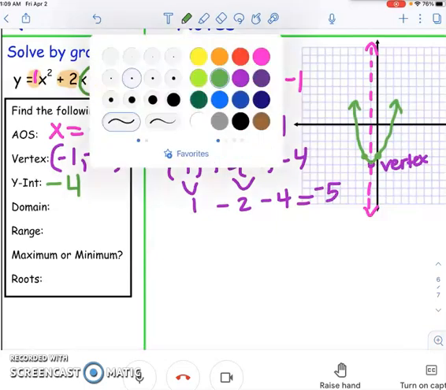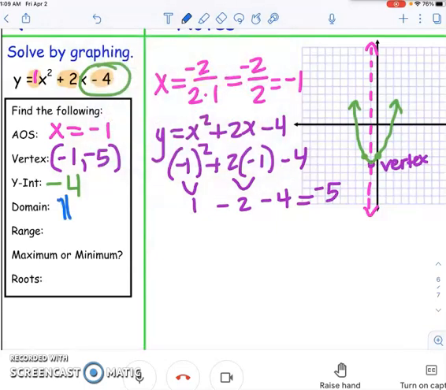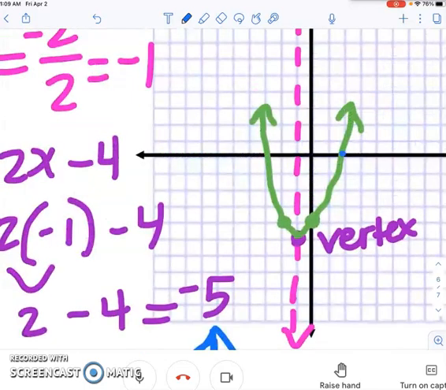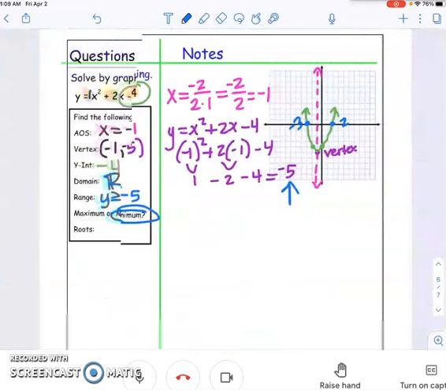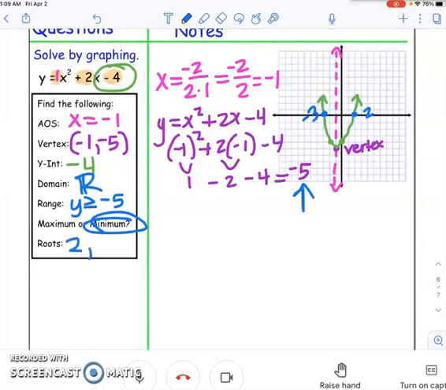Our domain is all real numbers again. Our vertex is a minimum. So the range y is greater than or equal to that y coordinate on my vertex, negative 5. Now these roots, my estimates look like positive 2 and negative 3. So it looks like 2 solutions.